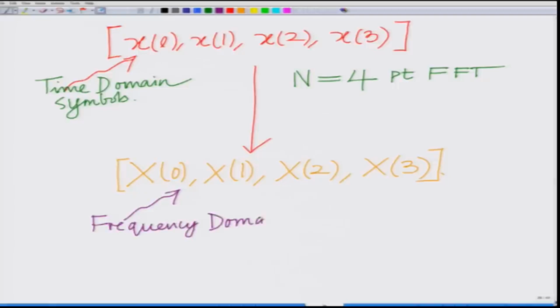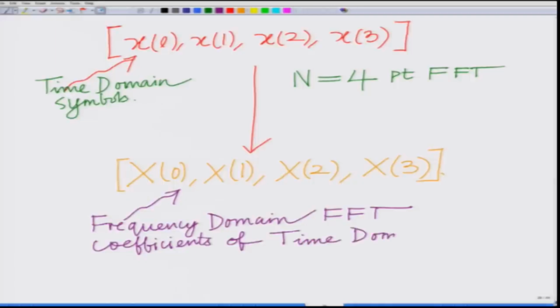That is the important difference with respect to OFDM. These are the frequency domain FFT coefficients of the time domain symbols, which are the small x's, xk.